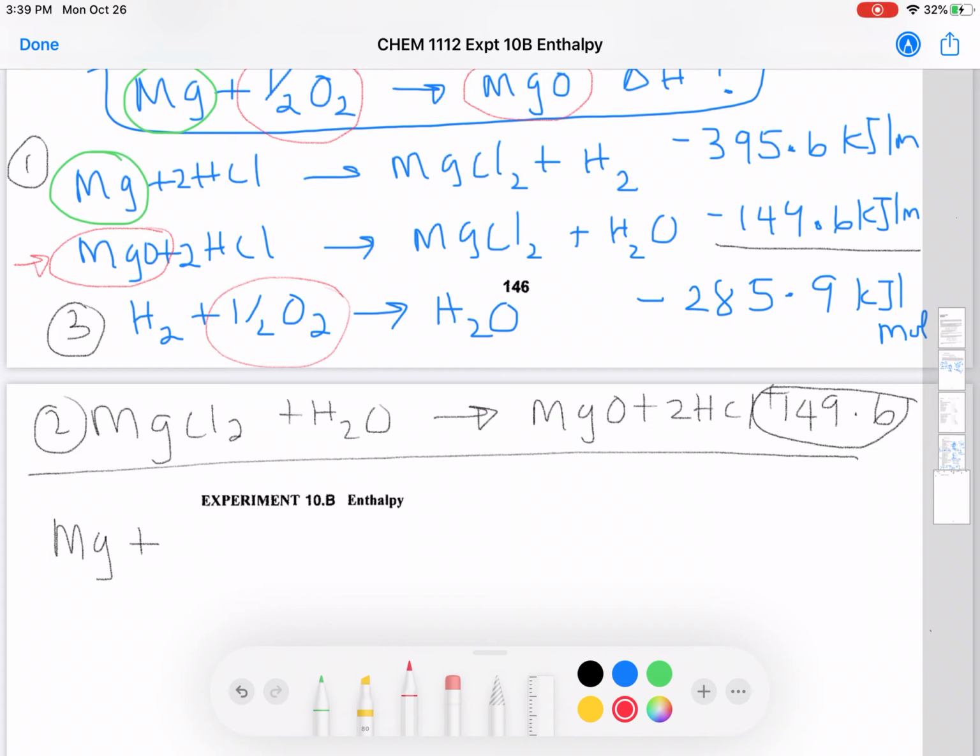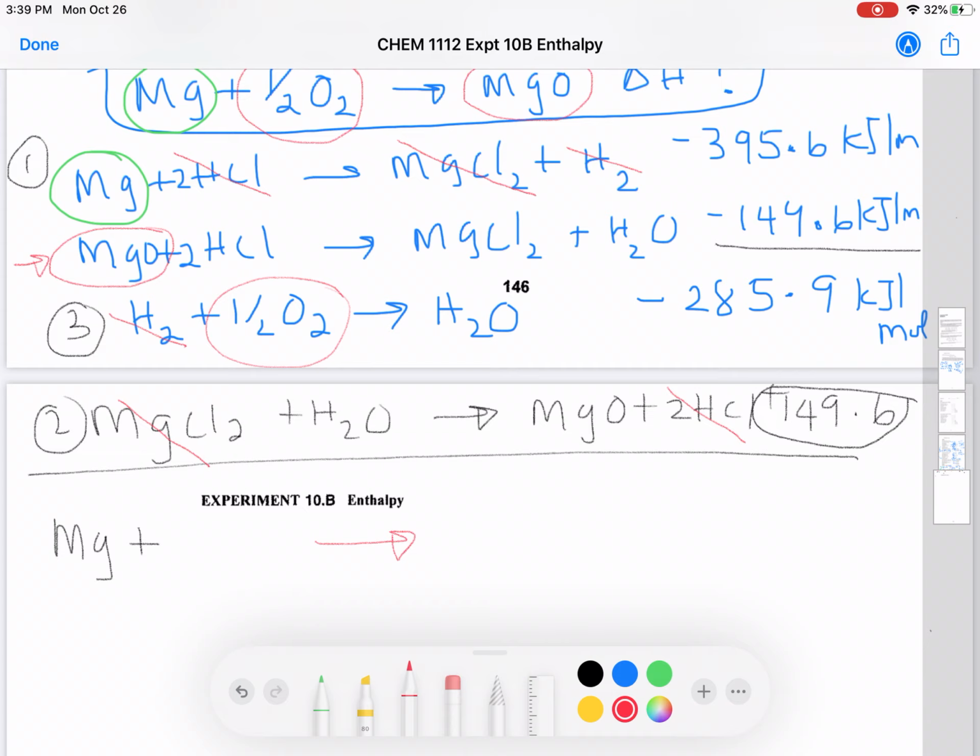So the 2 HCl here get cancelled with this HCl, and then MgCl2, so we're going to keep this, there's MgCl2 here, and then MgCl2 get cancelled. Okay, and then the hydrogen, so this hydrogen get cancelled with this hydrogen.